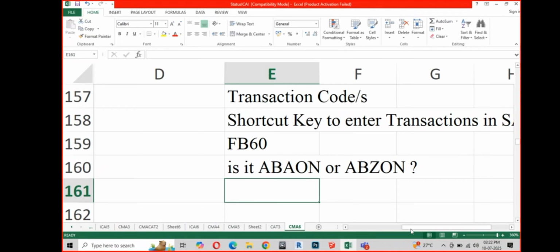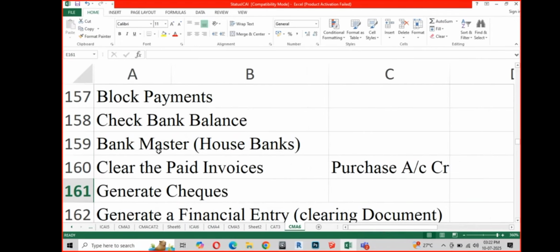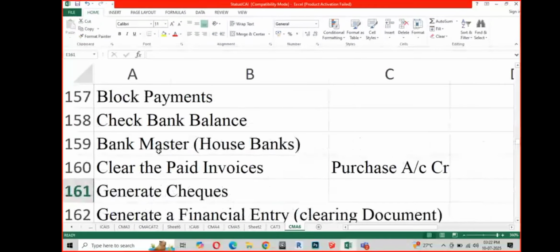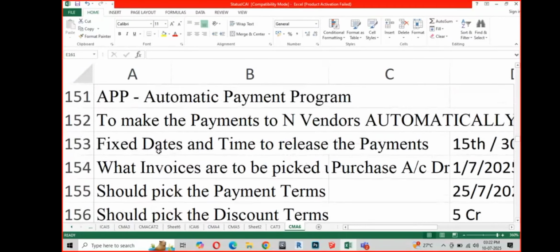What does accounts payable deal with? Accounts payable deals with vendors. It is basically responsible for ensuring that your procurement activity or your purchase activity is taken care of smoothly.